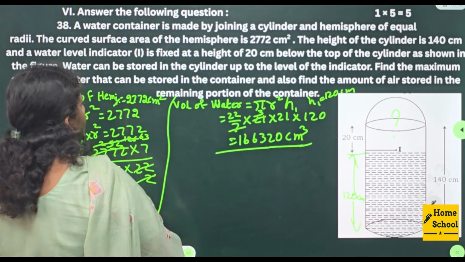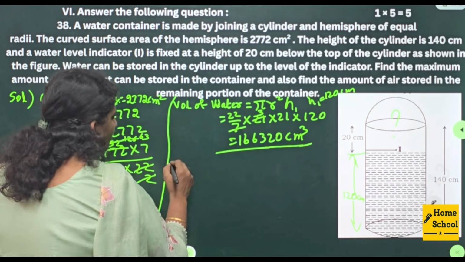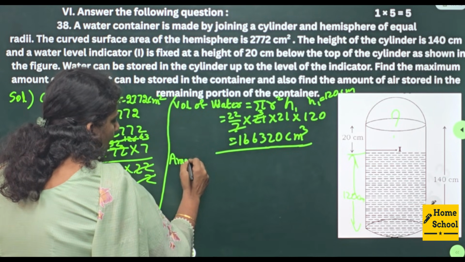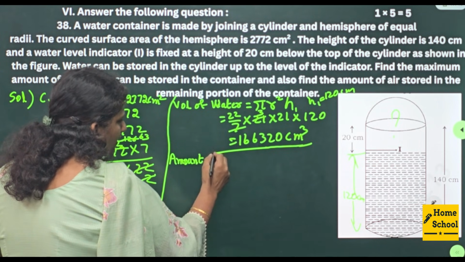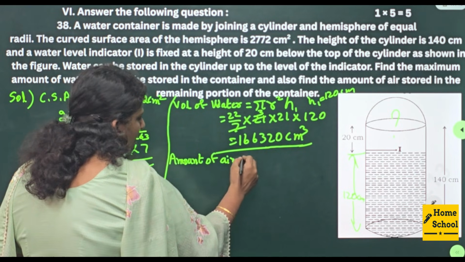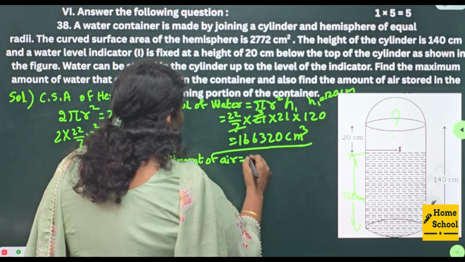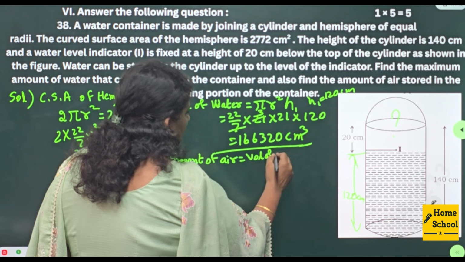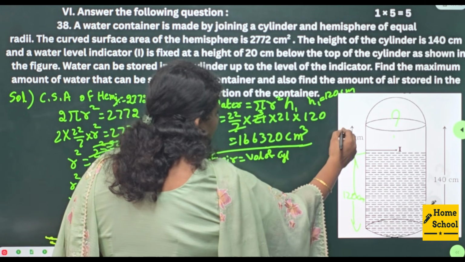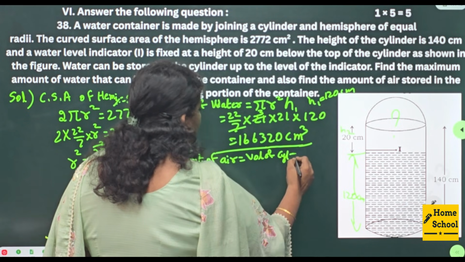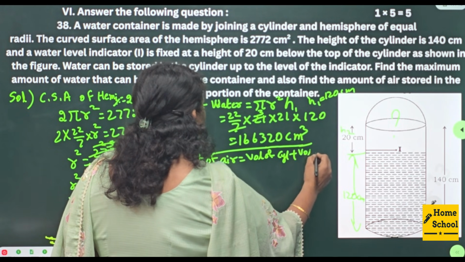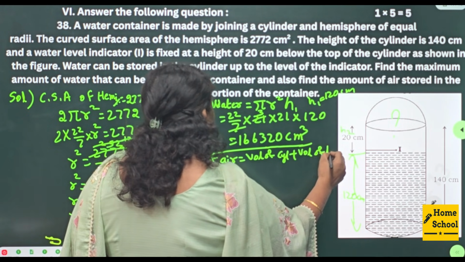In this, what is another question? Amount of air present in the remaining part. So what is the formula? Volume of cylinder, this height H2 let us assume, plus volume of hemisphere.